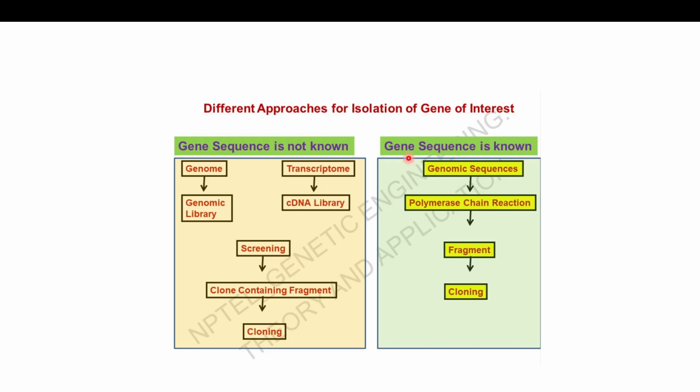Now if the gene sequence is known, we already know that this particular genetic sequence encodes for the insecticide. Suppose you have only one copy of that gene, but one copy won't be enough, because you have to insert it into numerous plant cells.